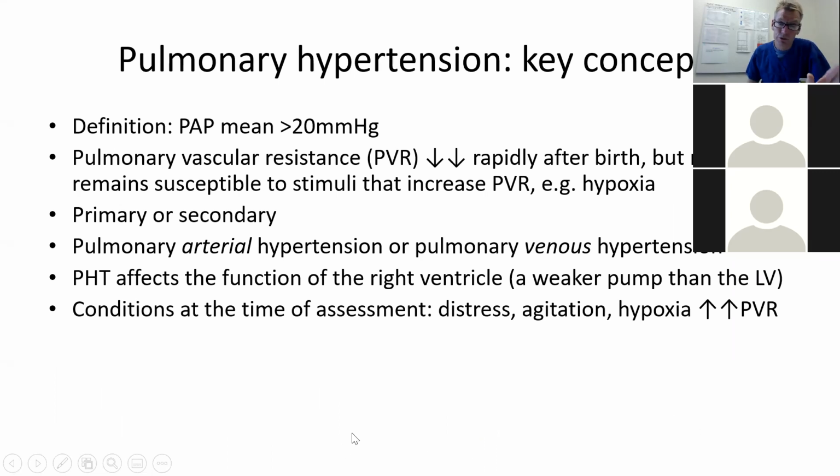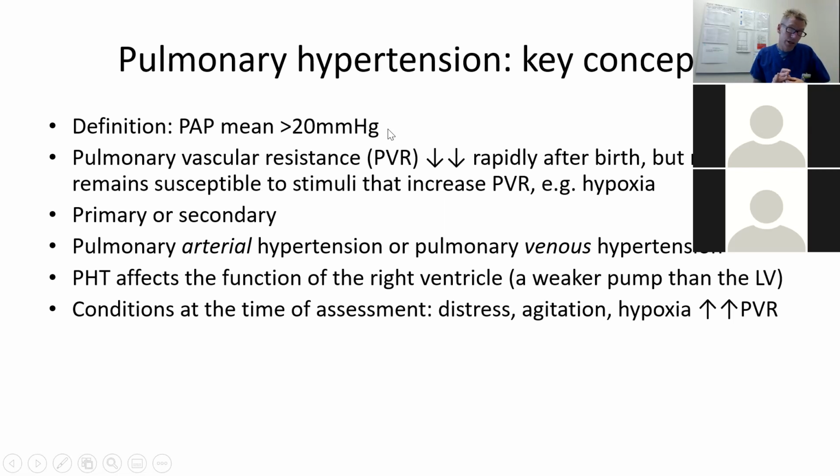I won't go through this in too much detail, but there are maybe a couple of things you need to know. One is that the normal pulmonary artery pressure is not like the systemic blood pressure. It's much lower normally. A child with a mean pulmonary artery pressure more than 20 millimeters of mercury, remember our mean blood pressure is 60 or 70, but a patient who's got a mean pulmonary pressure more than 20 millimeters of mercury has a degree of pulmonary hypertension.